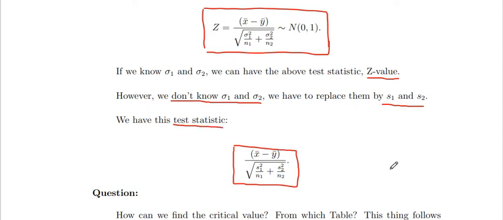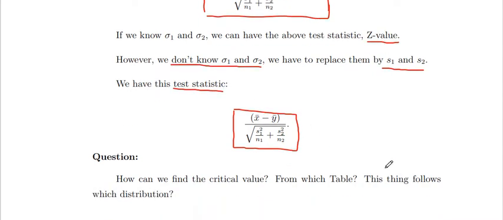Okay, so we can easily do our calculation, right? Find this number. So the question now is we need to determine whether this number is big or small. If it's a big number, we say, oh, the two groups have a difference. If this number is not so big, then we say, oh, the difference is small.